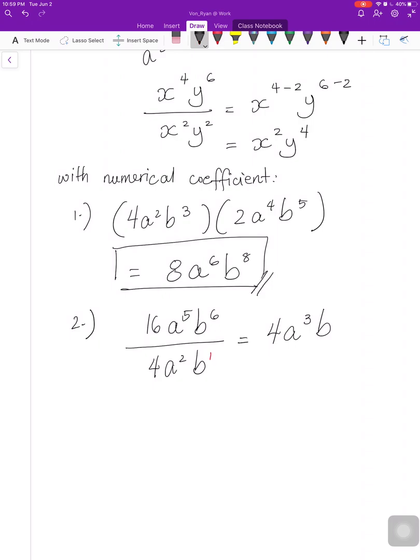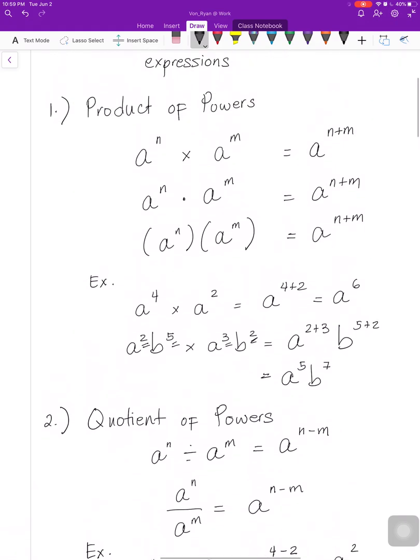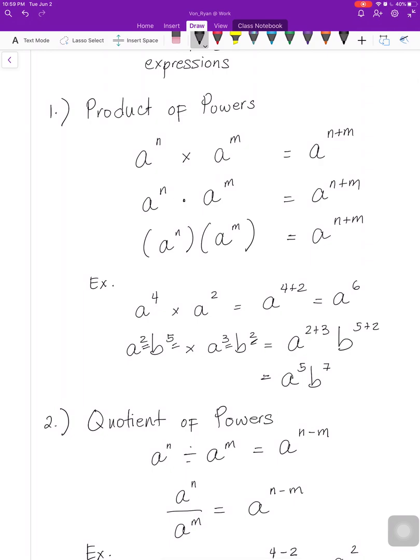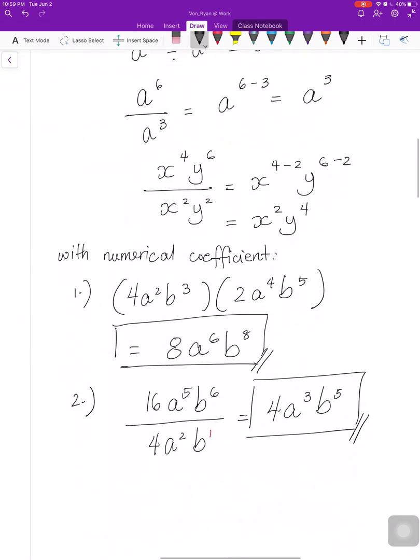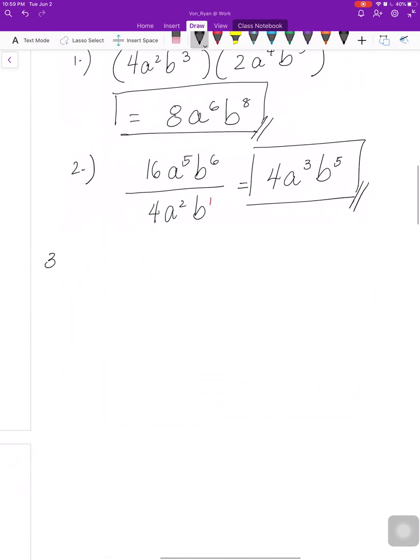So 6 minus 1 is 5. So that's the final answer. Okay, and so now we've learned and revised product of powers and quotient of powers. Now the third rule or law that we need to remember is what we call the power of powers.